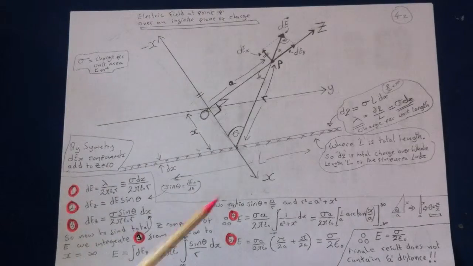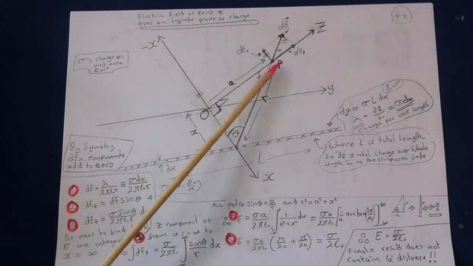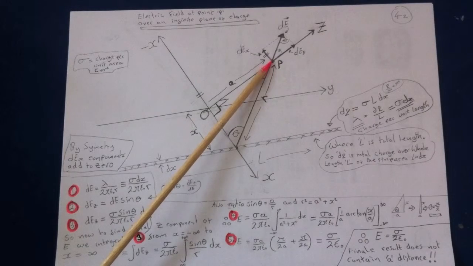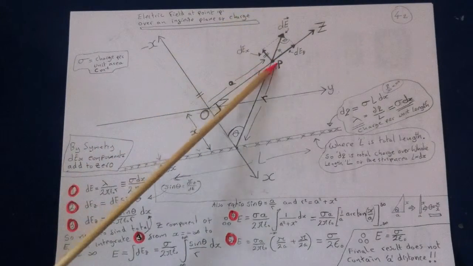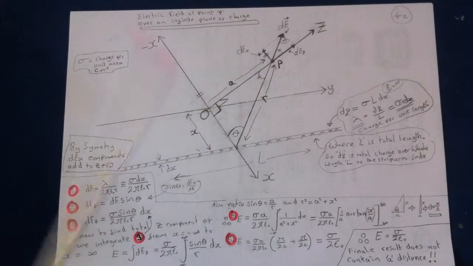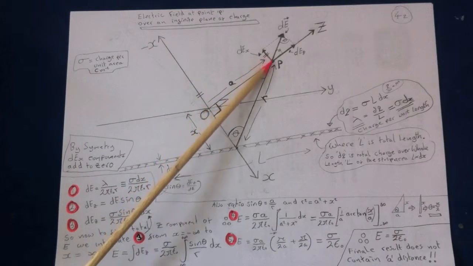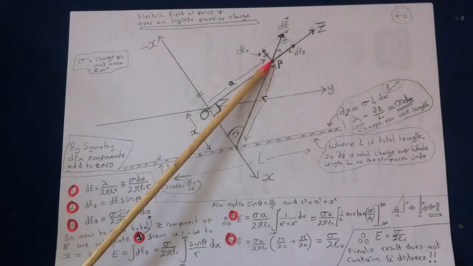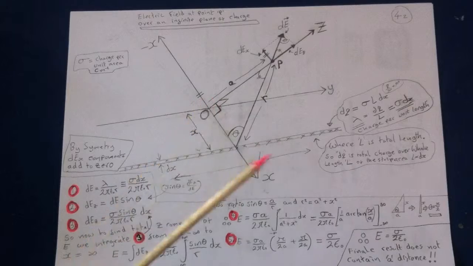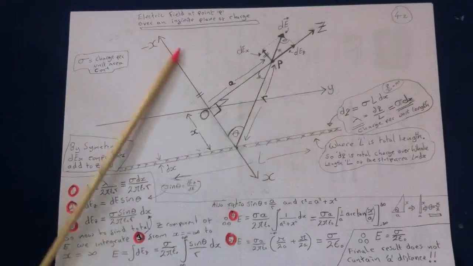Now that is interesting. This whole derivation has proved that if you have a point above an infinite plane, it doesn't matter how far the point is, the field it feels is completely independent of the distance. That's not obvious at all, and it's really surprising. I can't think of a good explanation why really, but this has proved it, and it's been proven in experiment with a really large plane.